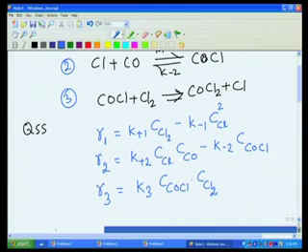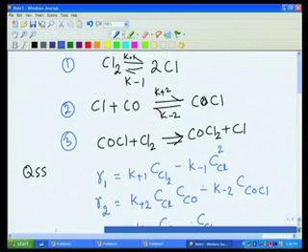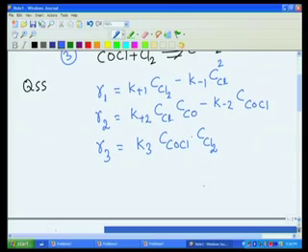So, these are my 3 rates for 3 reactions. Okay. Now, first step, these are my rates, the rate expressions.